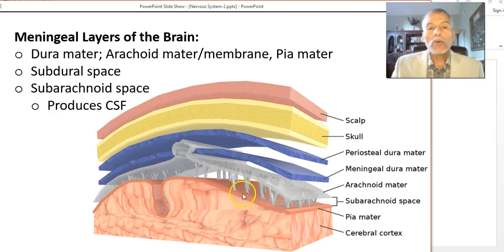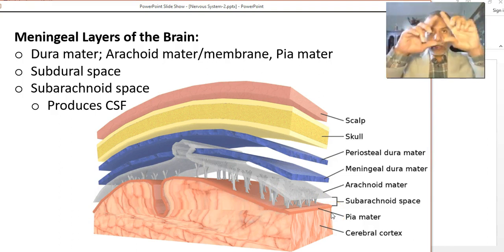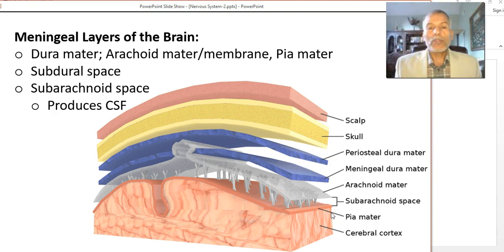And it is also filled with fluid called the cerebrospinal fluid. And that fluid continues all around the brain and all around the spinal cord all the way. So it surrounds the entire brain and entire spinal cord, and it has very, very important functions.